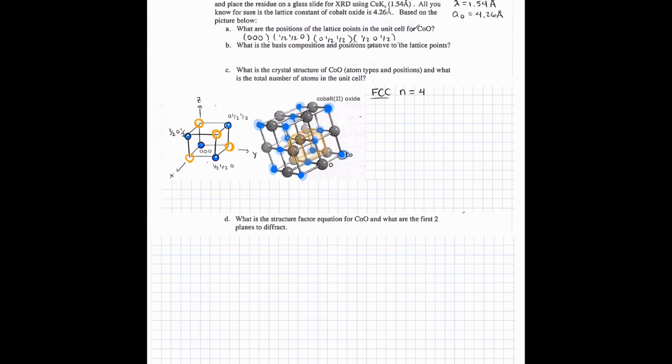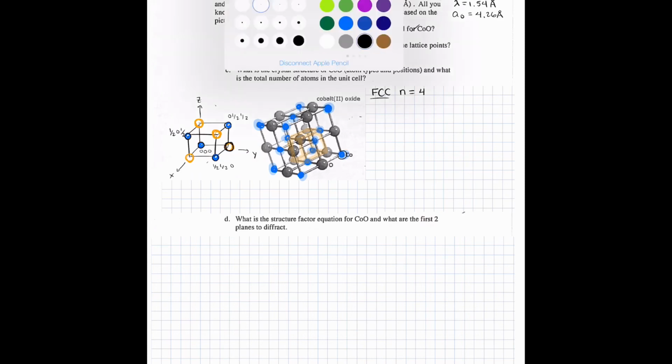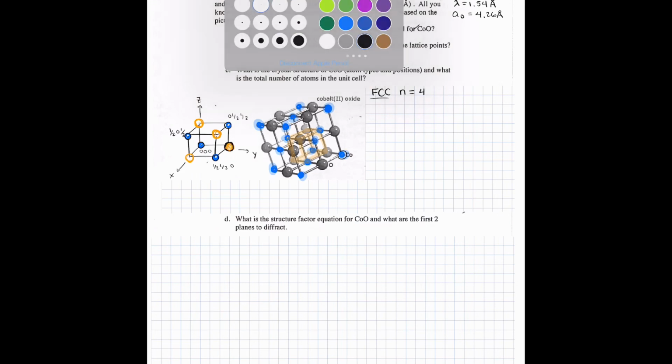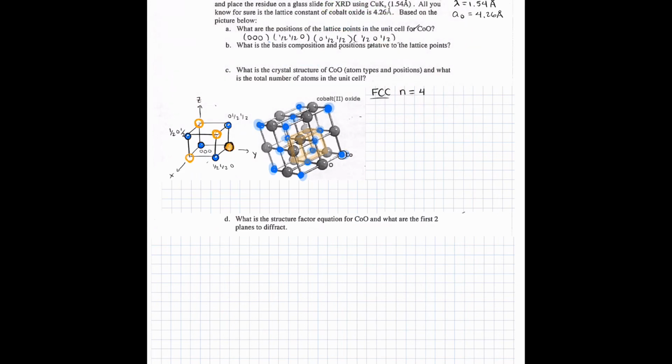Part B says, what is the basis, composition, and position? This is where you pick the points that you want to describe as, this is the basis, this is what I'm applying to this lattice. The basis is a cobalt and an oxygen. You're taking an FCC and adding a cobalt and an oxygen to it.